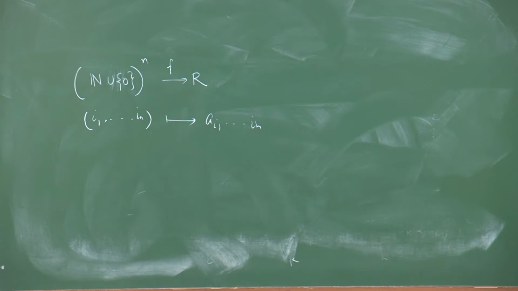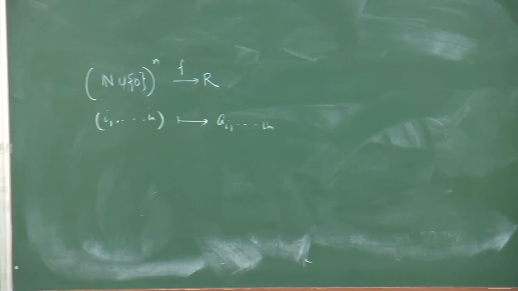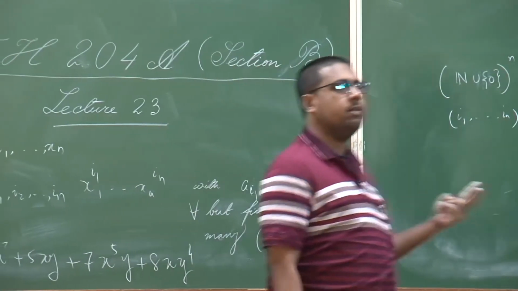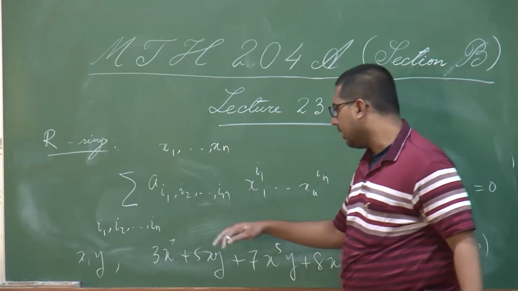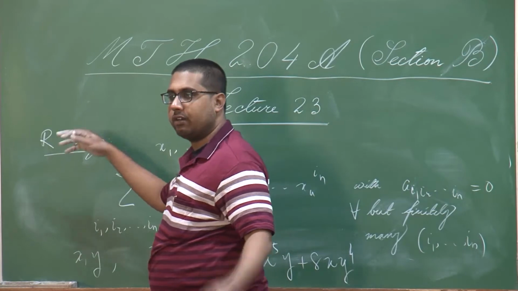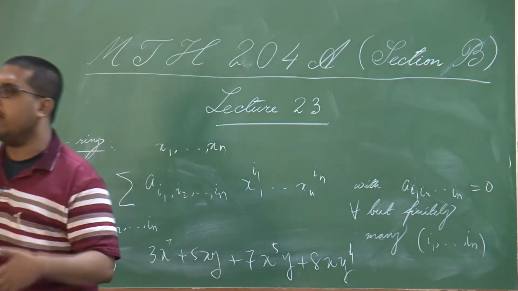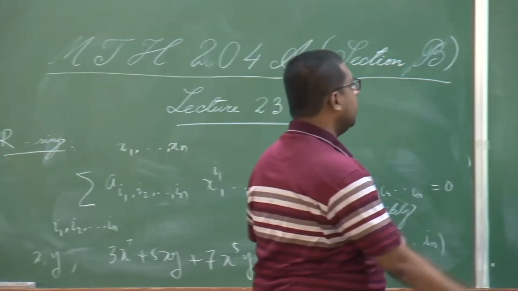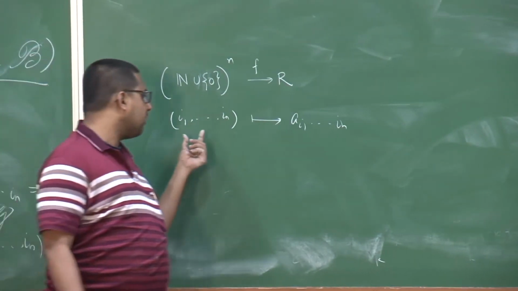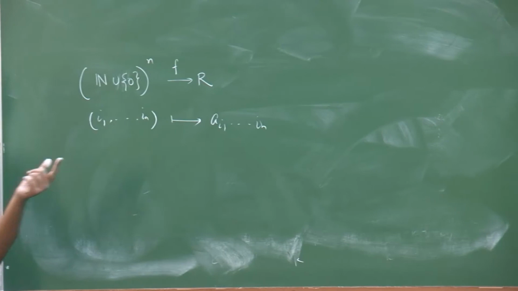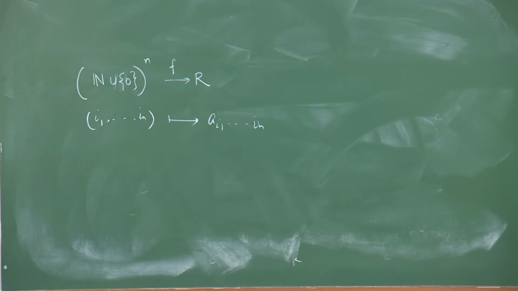Thus, formally, a polynomial in n variables with coefficients over the ring R is a function from this n-fold Cartesian product to R such that the function vanishes for all but finitely many such tuples.